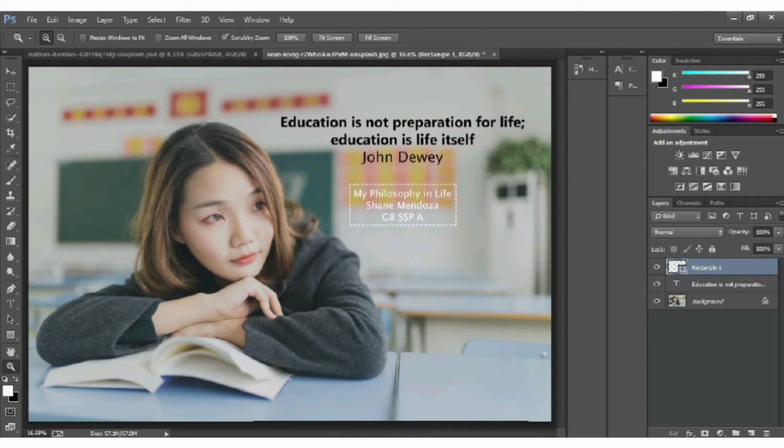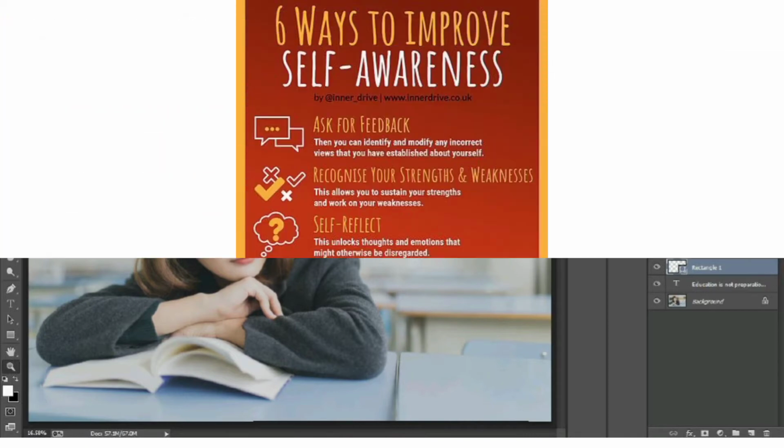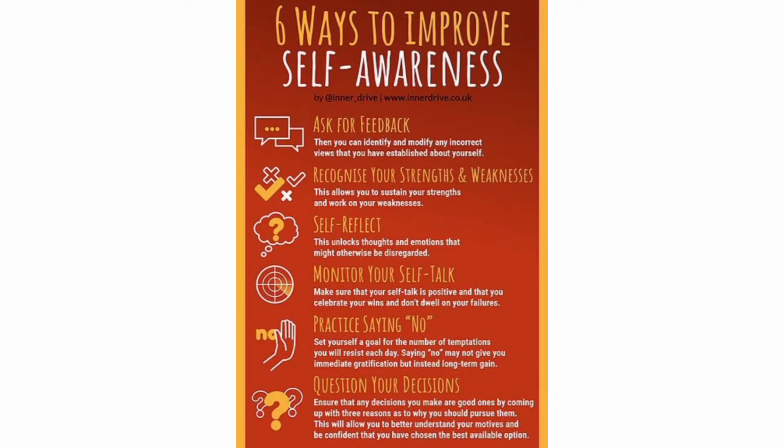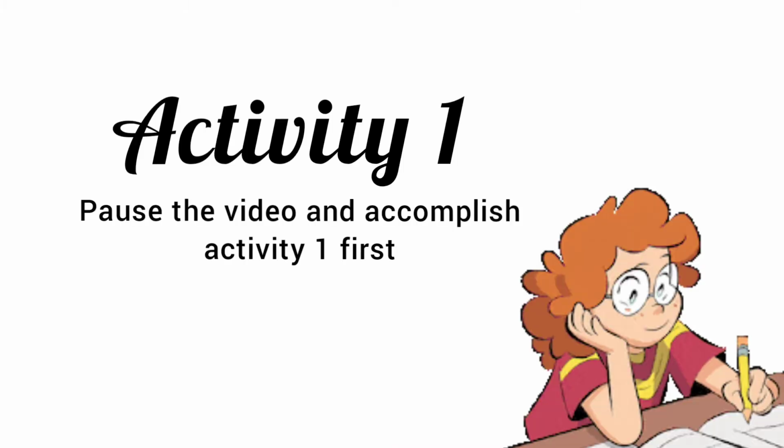Did you know that you can already create beneficial digital products in Adobe Photoshop, such as this poster that aims to spread self-awareness? For your first activity, open your module and answer Activity 1. You may pause and continue the video after you have accomplished the activity.